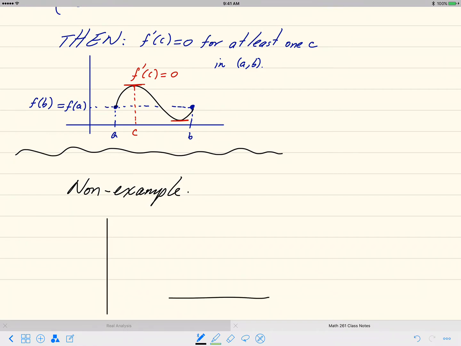Here's the xy plane. I'm going to draw a graph of a function that satisfies the last condition, so f(a) equals f(b). The function's going to be smooth everywhere, so it's differentiable, but it's not going to be continuous at the endpoints.